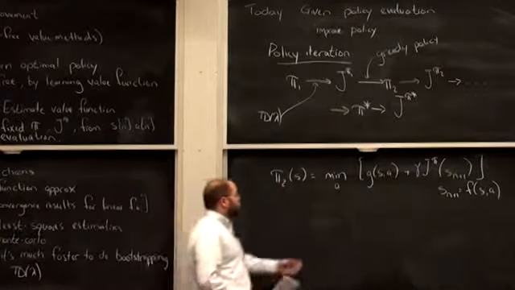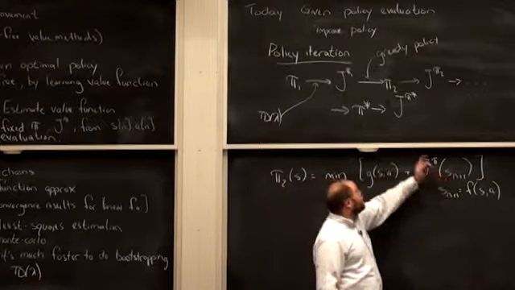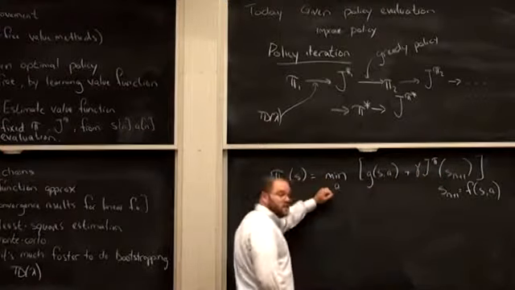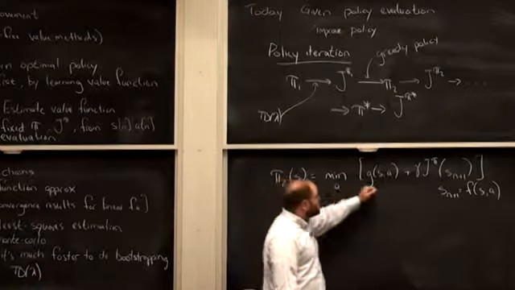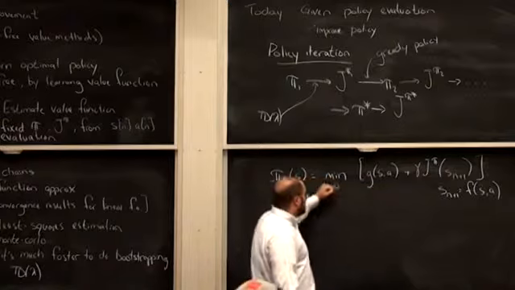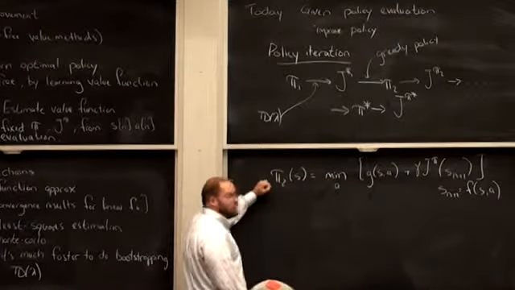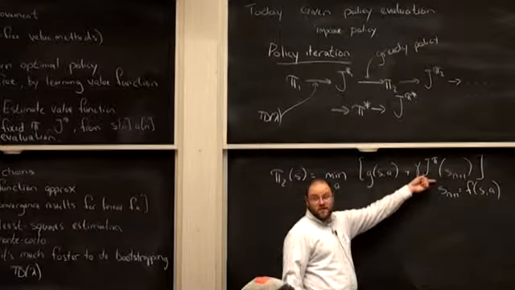So I've got the cost that I incur here, plus the long-term cost here. I want to pick the argmin over a, the best thing I can do given that estimate of the value function. And that's going to give me a new policy, pi 2, which is greedy with respect to this estimate of the value function.